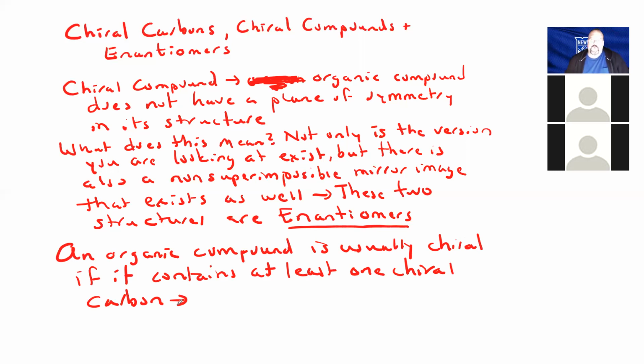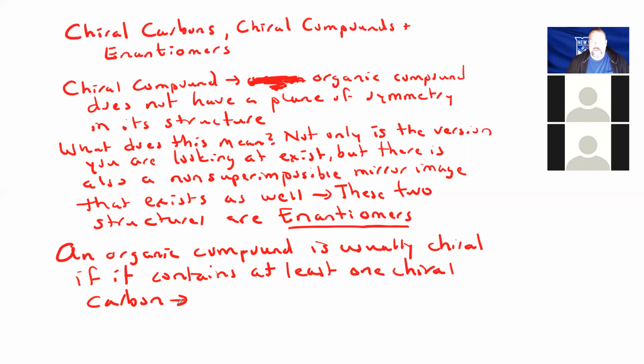Now, the reason why I say usually is because there are actually examples, and we won't go into it in this course, of organic compounds that have 2 or more chiral carbons, but yet have a plane of symmetry. So they would not be chiral, as we'll mention towards the end of this part of our discussion, they would be achiral. But let me be clear, for our purposes and for this course, if you find one chiral carbon, you can definitely assume that the organic compound is chiral. Okay. And in reality, it turns out if you have one chiral carbon, the organic compound is always going to be chiral because there is never a plane of symmetry.